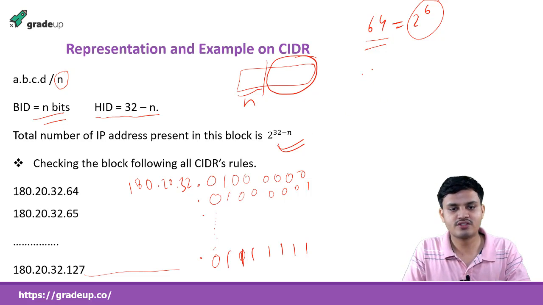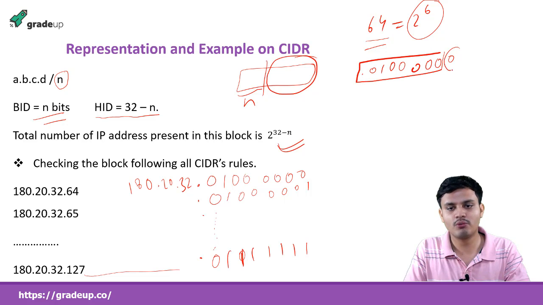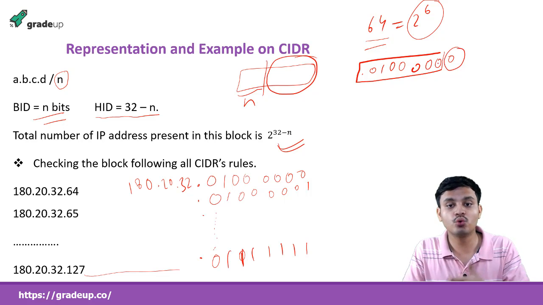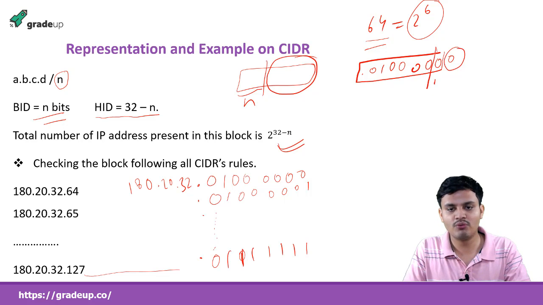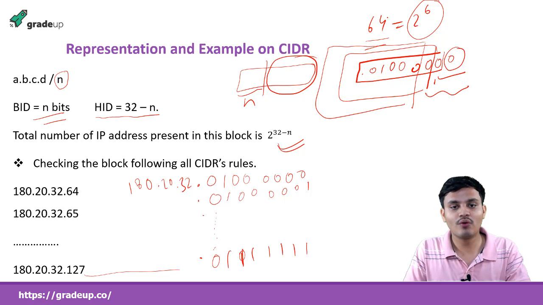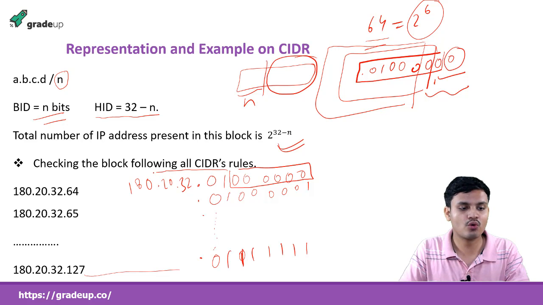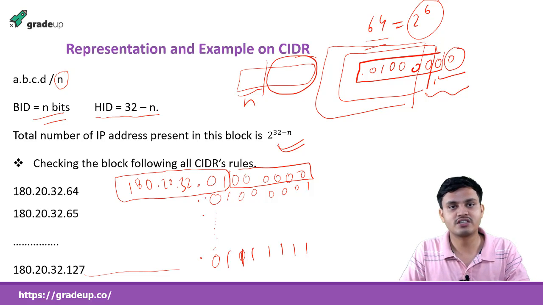Suppose this is what we want to divide. If you divide it by 2, then this will be your quotient and this will be your remainder. If you divide it by 2 to the power 2, that is 4, then this portion will be your quotient and this portion will be your remainder. If you divide it by 2 to the power 8, this will be your quotient and this will be your remainder. That is how easy it is. Now we want to divide it by 2 to the power 6, so 1, 2, 3, 4, 5, 6. This will be your remainder and this will be your quotient if you divide it by 2 to the power 6.